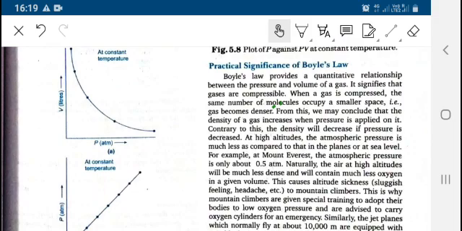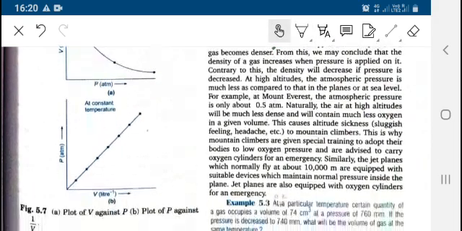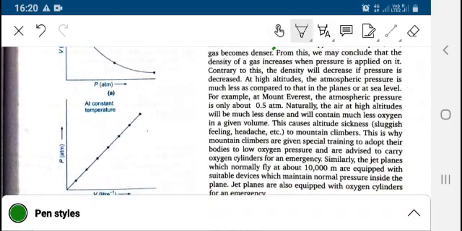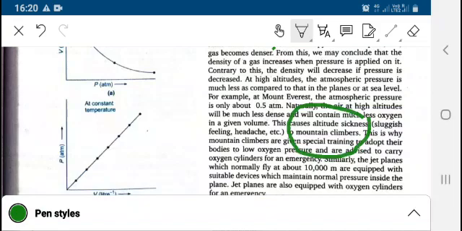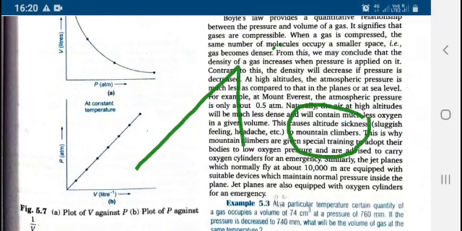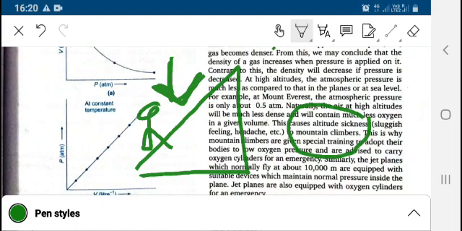So what is the practical significance? You only need to understand the examples. It is used in the case of mountain climbers. Whenever you are moving up in altitude, you will find that atmospheric pressure goes on decreasing, and therefore it becomes difficult to breathe.